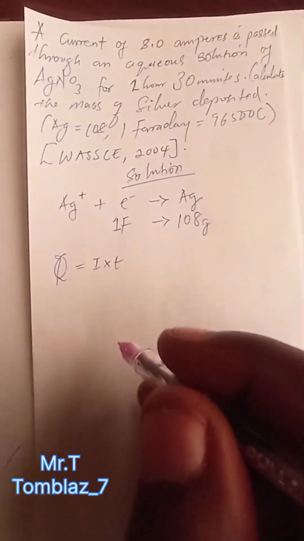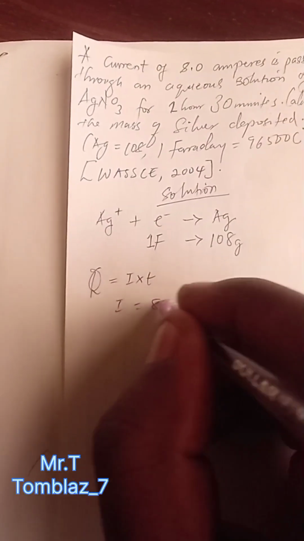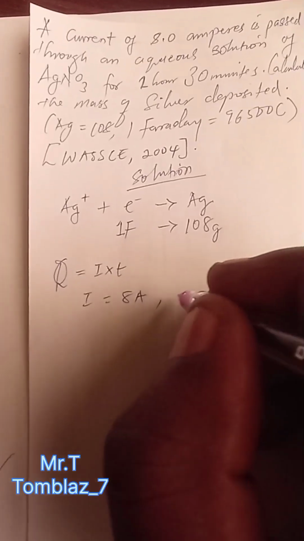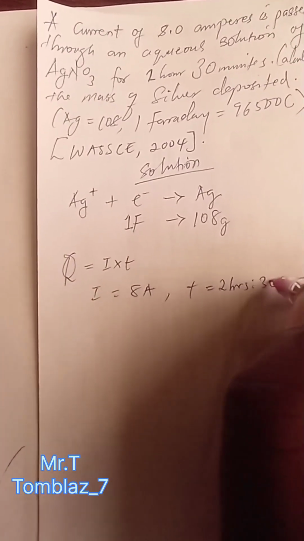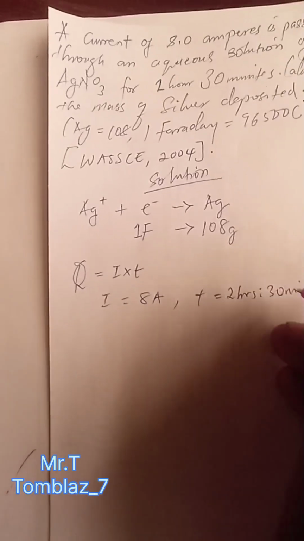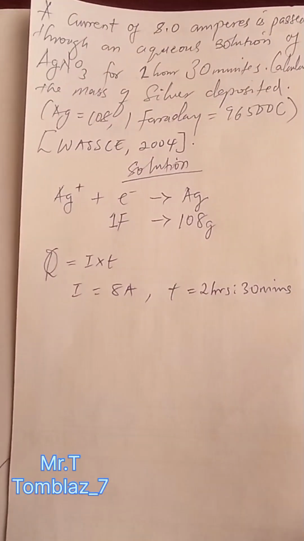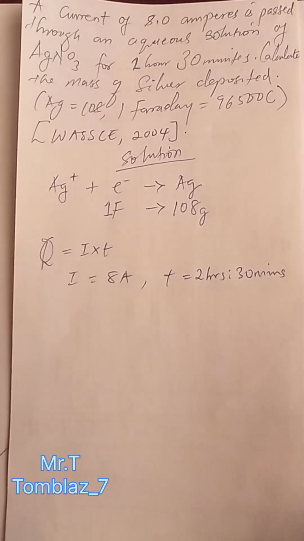Time, right? So we are given our current to be 8 amps and our time to be 2 hours 30 minutes. Now we don't use hours and minutes in calculation. We have to convert these 2 hours 30 minutes to what? Seconds.